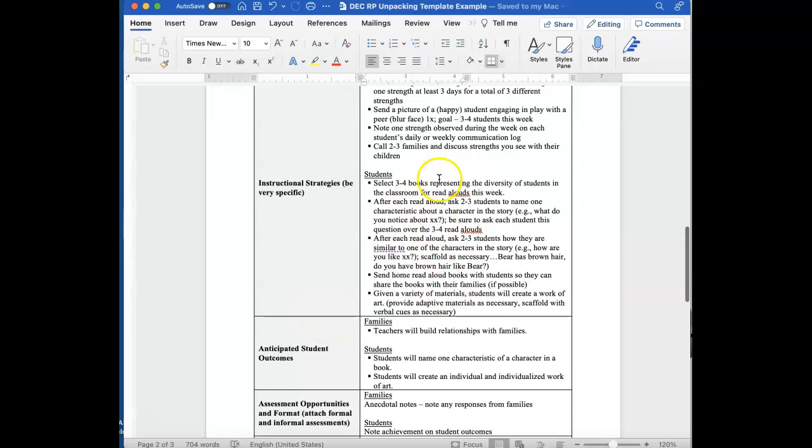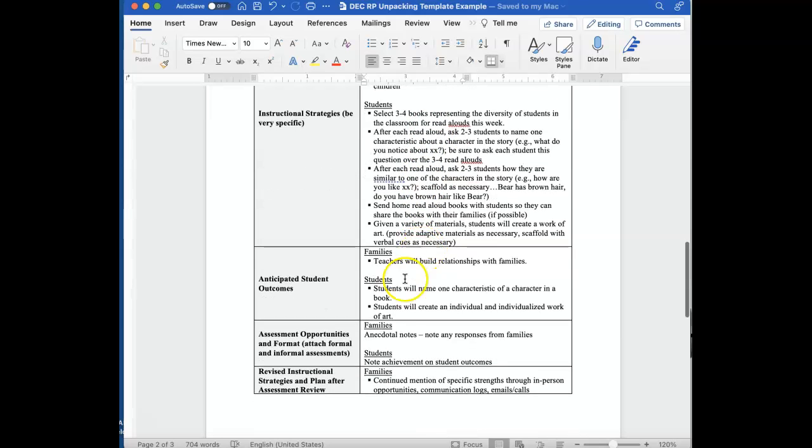So that is what we're going to do here. Again, very, very specific strategies that I'm going to use, and I'm going to detail them here. Then I'm going to talk about the anticipated student outcomes. That's all I do for week 3 when I'm introducing the recommended practice. That's it. Then I'm going to go do it for a week.